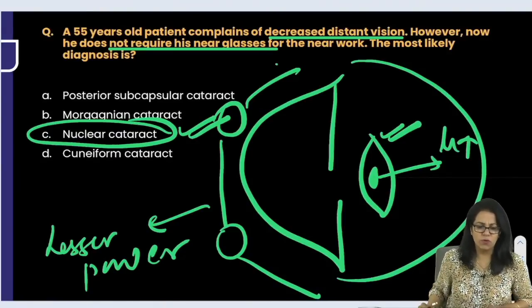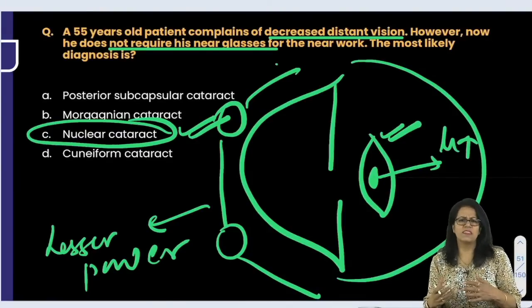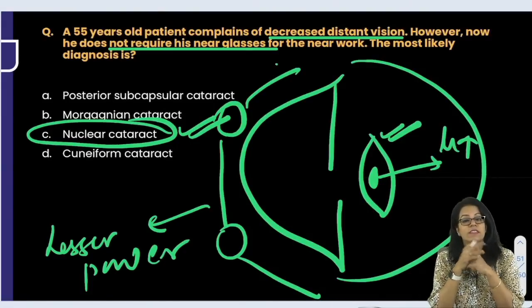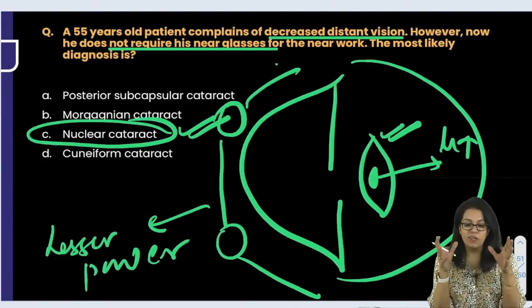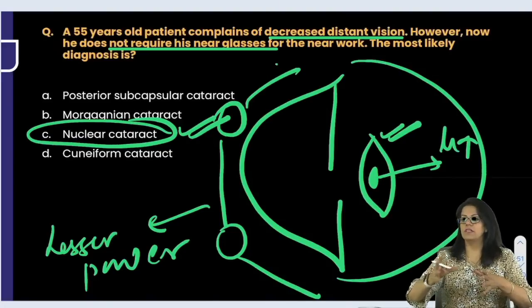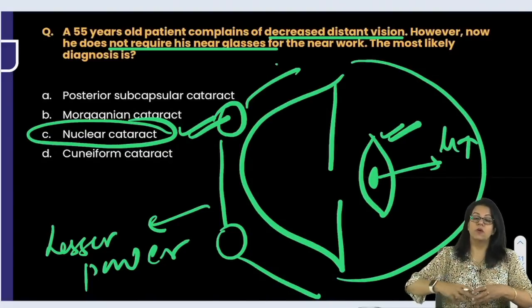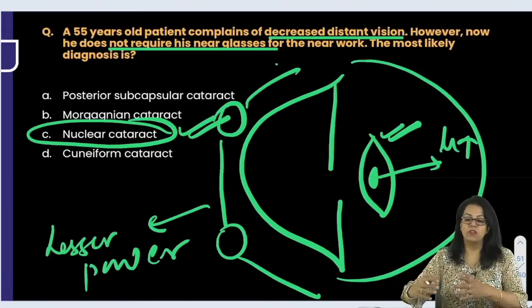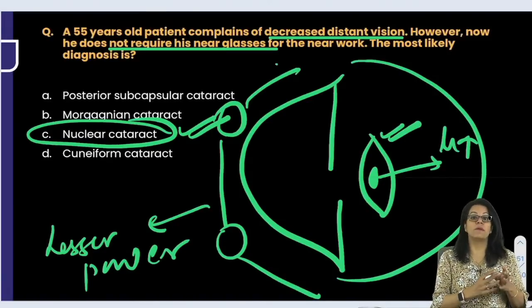Generally it is more seen in old age, though 55 years we can't consider that old, but okay, this is the term they have given. So, second sight of old age you will answer nuclear cataract, where there is more power. When we say more power, it means you are moving towards more power, which is called myopic shift. When you are moving towards lesser power, it is hypermetropic shift.